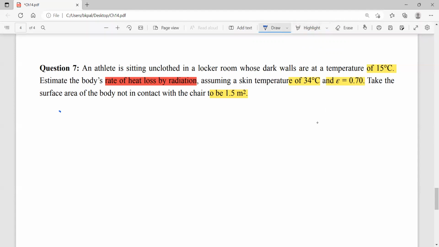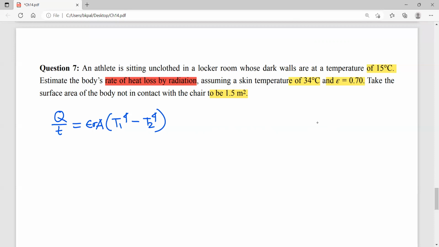So how to do that? So remember that this is the equation. So sigma, and then T1 to the power 4 minus T2 to the power 4. Okay, so here T1 is the body temperature and T2 is the room temperature, surrounding here. So before you plug the value, make sure you convert the temperature in Kelvin.